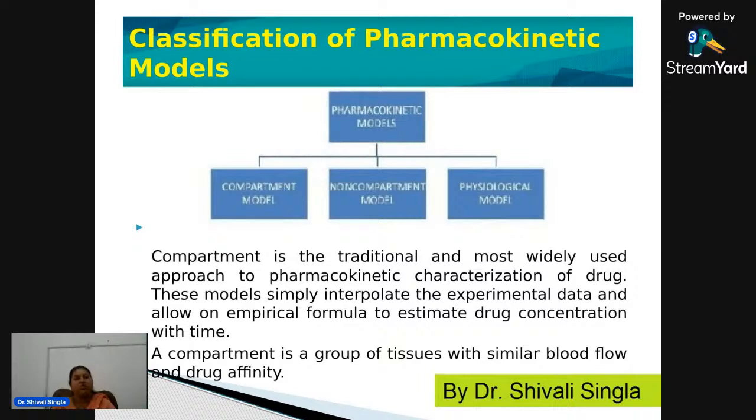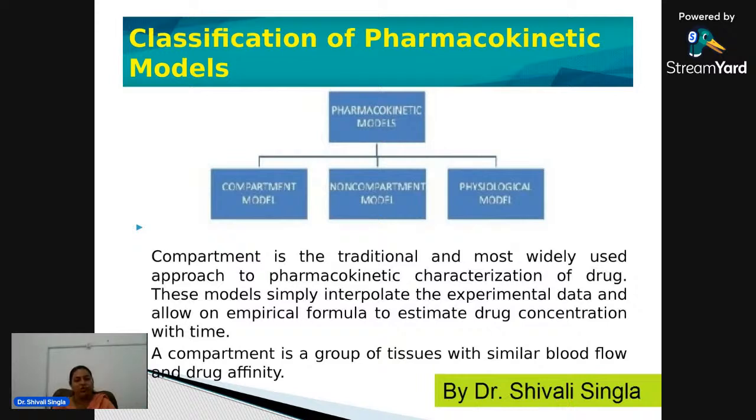With these data, we can plot a graph of time versus plasma drug concentration, and we can find out the exact concentration. Other parameters we can also calculate from these data.